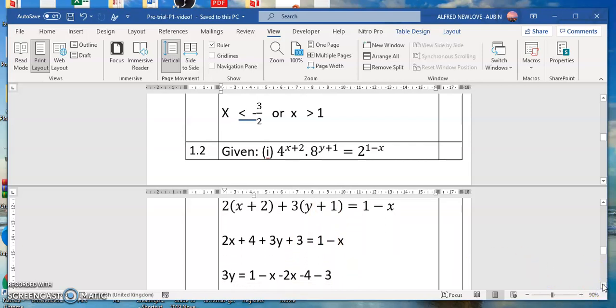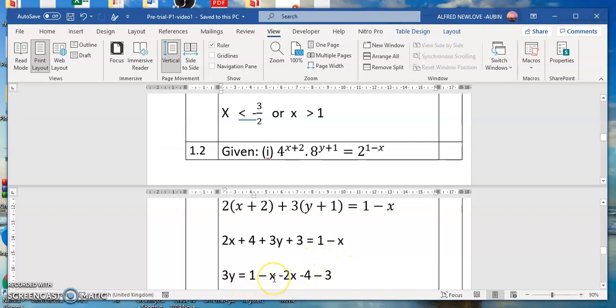Then when you continue, you try to make y the subject of the formula. So first, remove everything around 3y. So I'm going to transpose this minus 4, and it's going to come here as negative 4. But already we have 1 minus x, so you don't do anything to it.